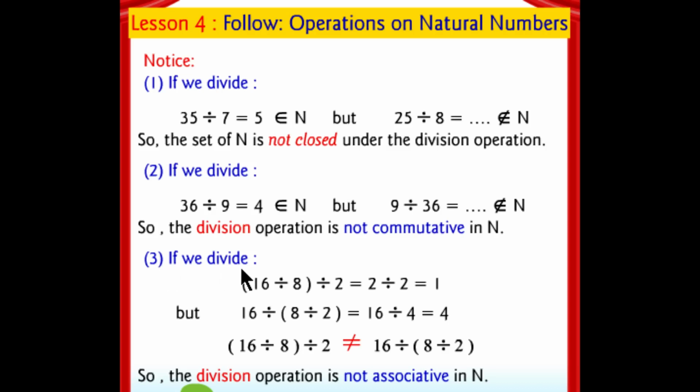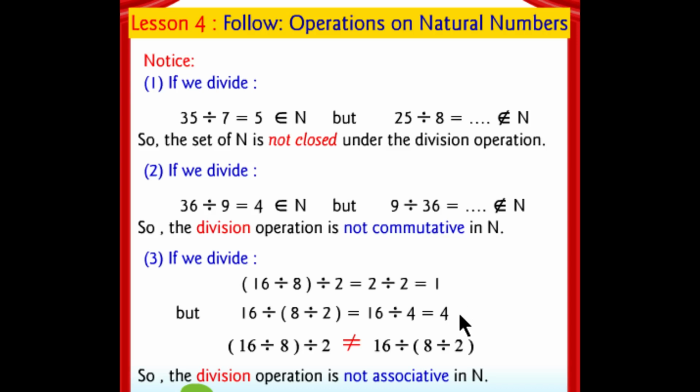3. If we divide 16 divided by 8 between two brackets divided by 2 equals 16 divided by 8 equals 2, 2 divided by 2 equals 1. But write 16 divided by 8 divided by 2 between two brackets equals, write 16 and 8 divided by 2 equals 4, 16 divided by 4 equals 4.